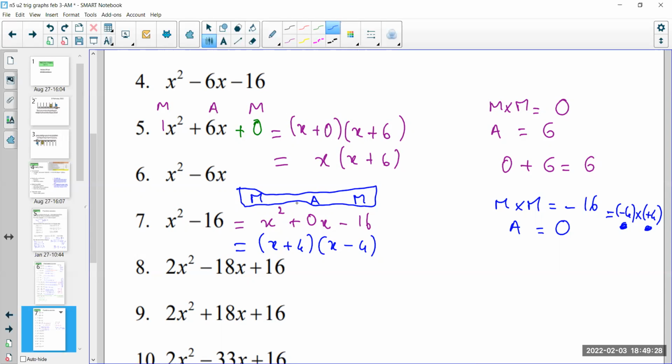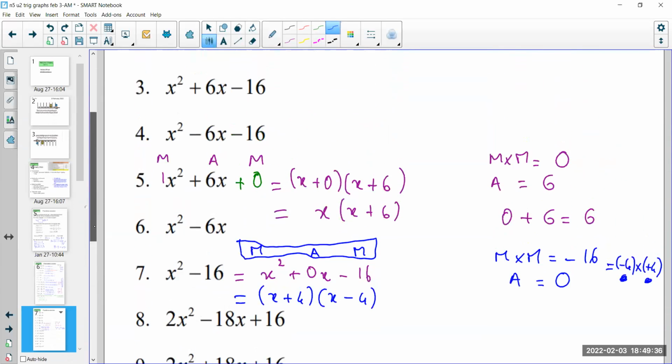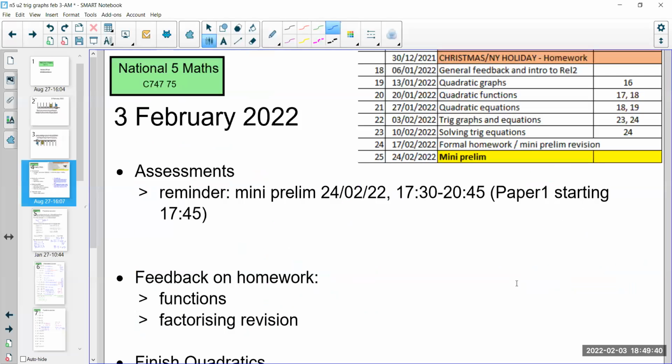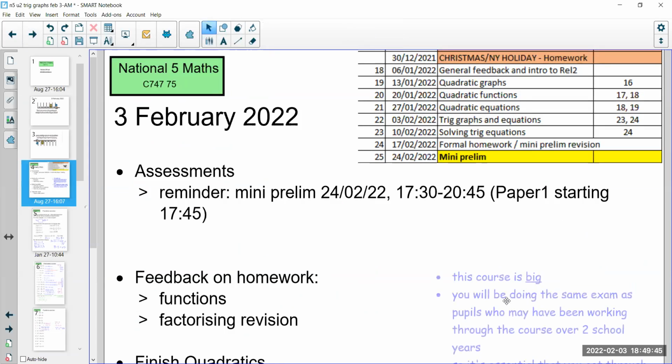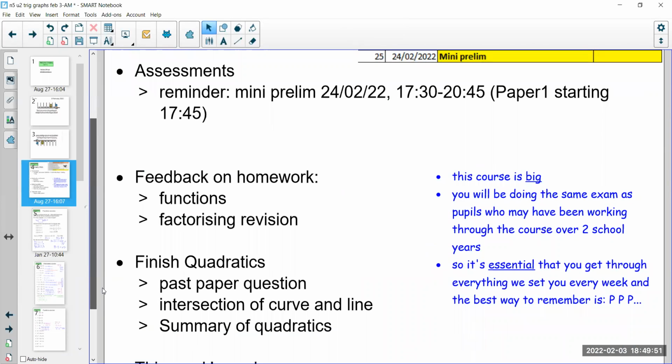Okay. So I hope you don't think I'm ranting, but this is the bit that I wanted you to see, guys. What does it say? The Nat 5 course is a big course. You will be doing the same exam as some children that have been there for 2 years.